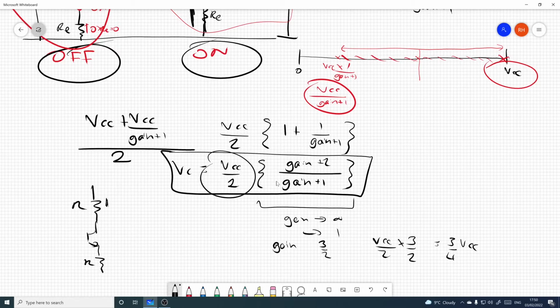So whatever current you've got here is matched here when it's fully switched on. So the lowest that you can ever go is VCC over 2, and of course it can still go up to VCC. This is in the case of unity gain, where these values of resistor are equal. So the halfway point is halfway between VCC and VCC over 2. That's 3/4 VCC. Great.